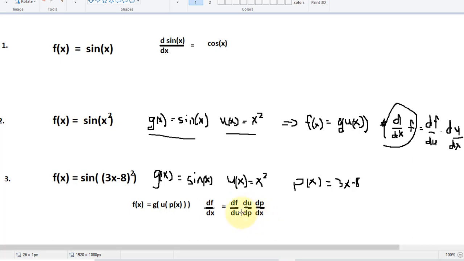So that is the chain rule when we have one function embedded in another function, which is embedded in the squaring function, and then that is embedded in the sine function. So in that case, we need this kind of chain rule with 3 parts.